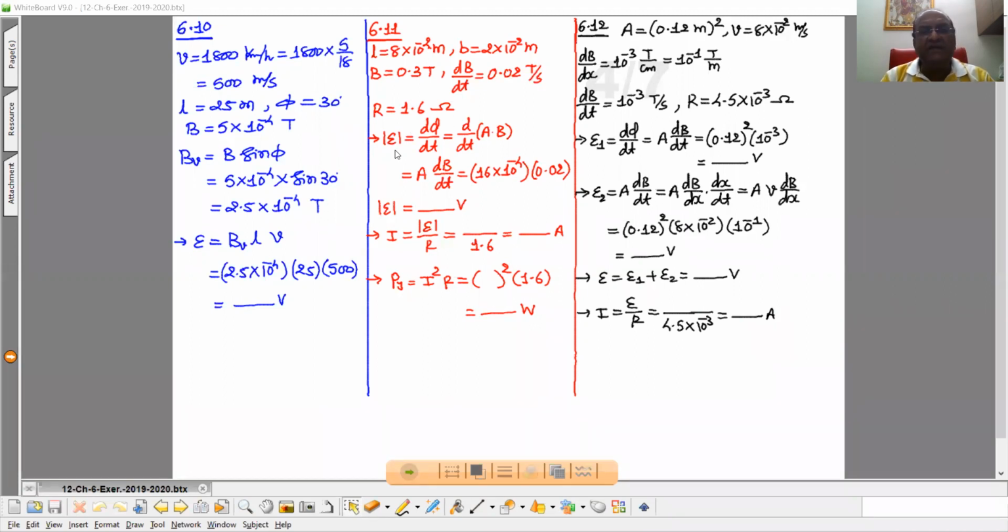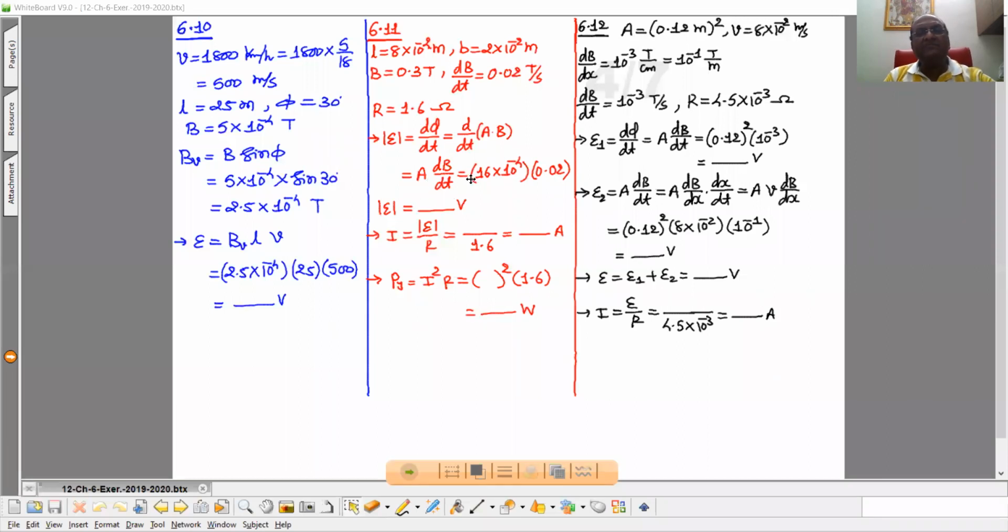Now we know this thing, EMF induced due to change in flux, that is d phi by dt. So we can write d by dt of A dot B. Phi is A into B. Now A, area, is constant. Therefore we can write A dB by dt.